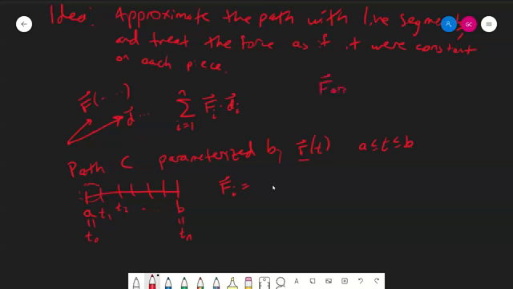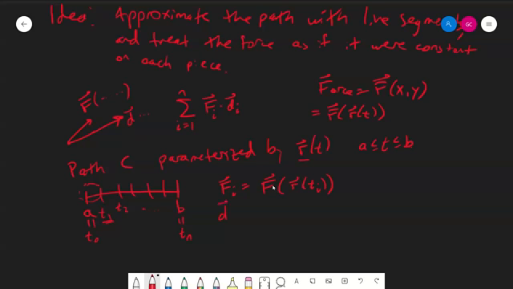The force is F of x, y. But I can kind of think of that then as being F of r of t, because if I plug in a t value into r, I get an x coordinate and a y coordinate, and then I can plug that into F. So F sub i then is going to be something like F of r of t sub i. Right, so for example, I could just take t1, plug it into r to get a point, and plug that point into F to get a force vector.